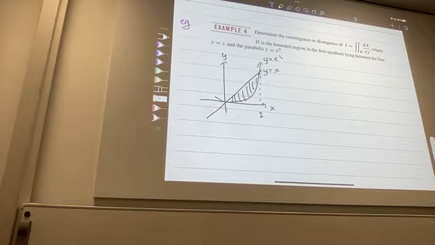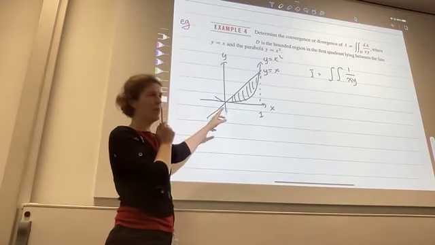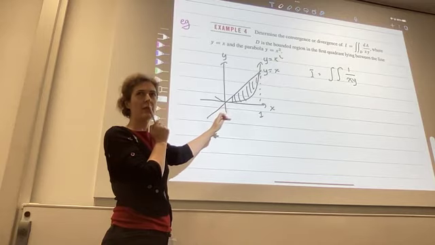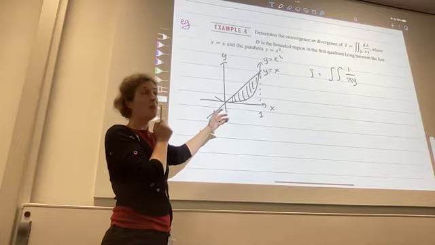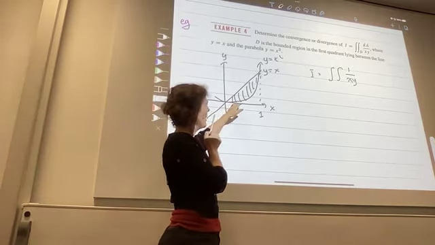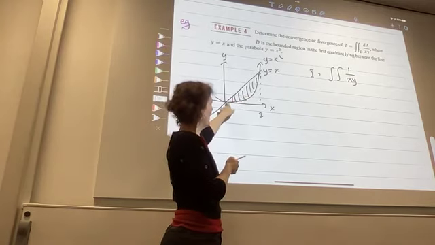So we can set up our integral. Who shall we integrate first, x or y? It doesn't matter. Because of the amount of time we've worked with y equals x squared, it's going to be easiest to go dy dx.